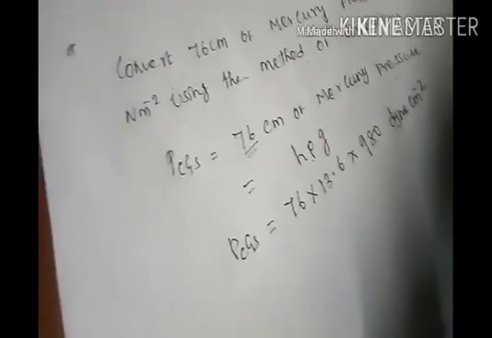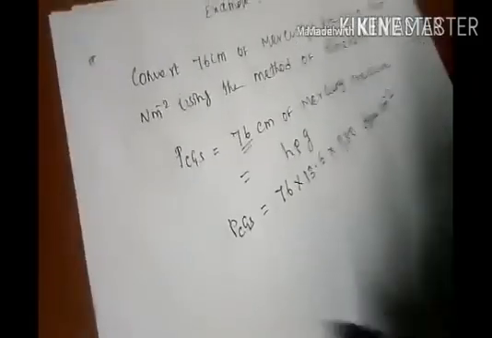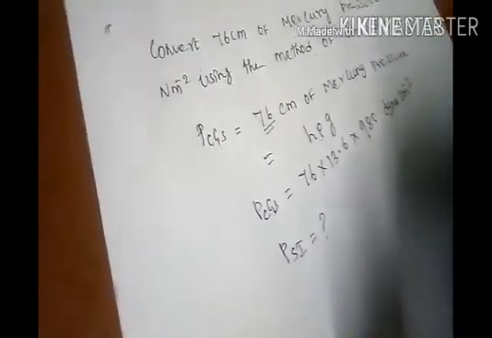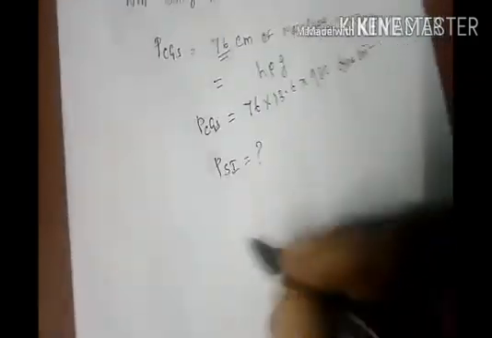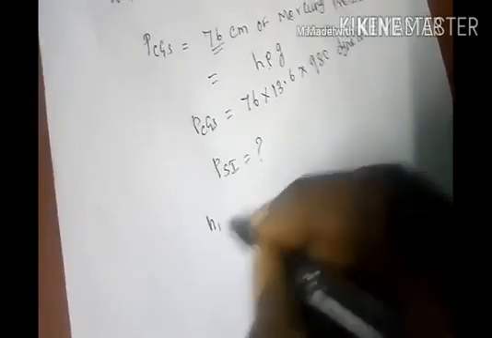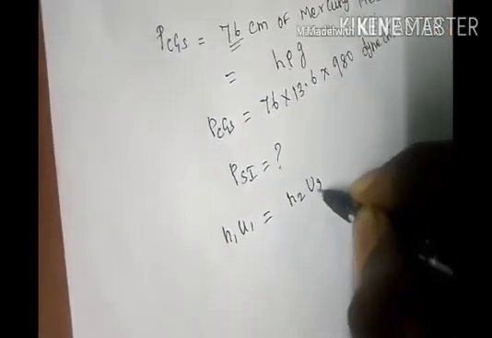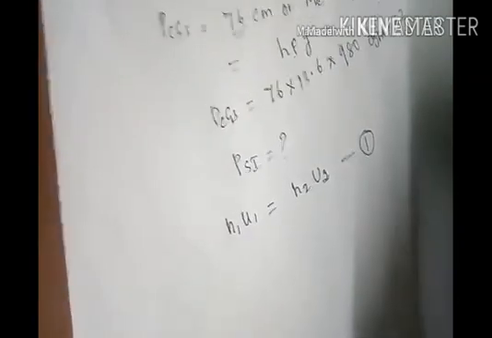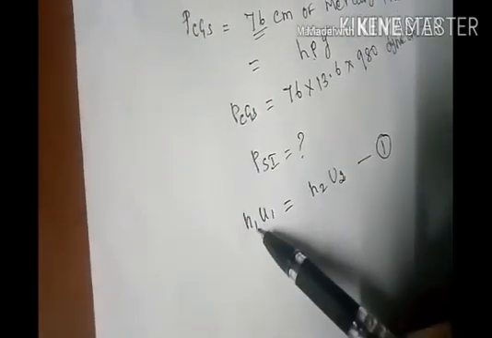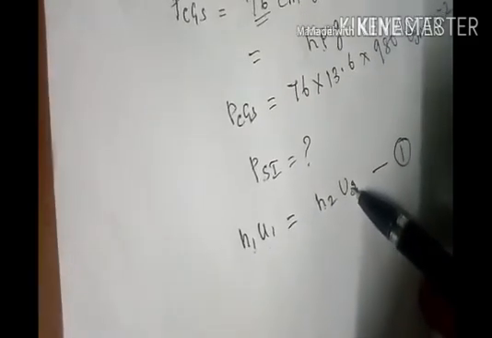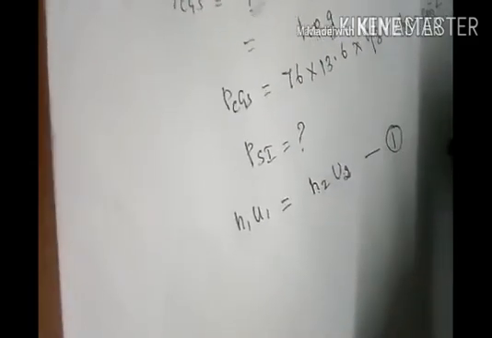Okay, what is our aim? To find out the pressure in SI system. That only I will find out using this formula, N1 U1 equal to N2 U2. This is equation number 1. Here N1, N2 are numerical values, and U1, U2 are the units of the physical quantity.